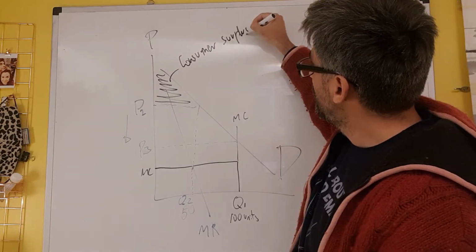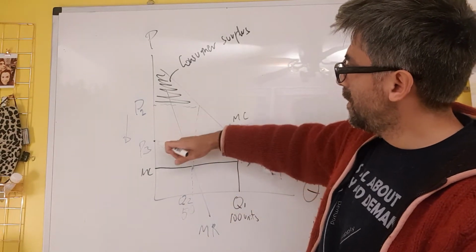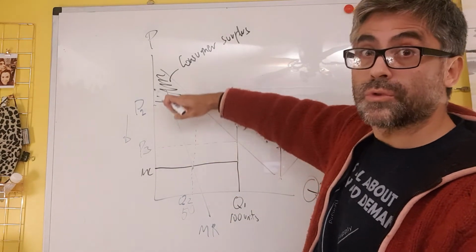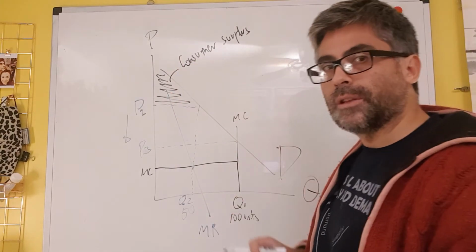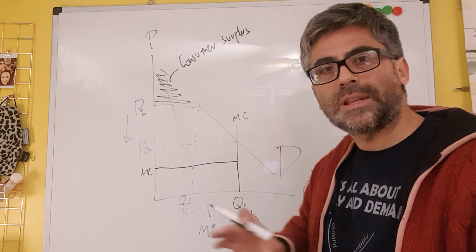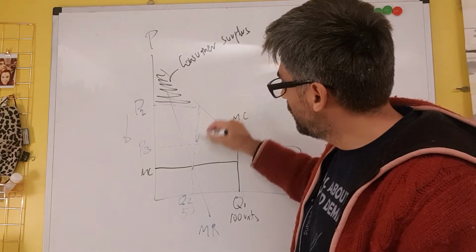And you can see that by charging at a profit maximizing point, the consumer surplus has reduced, and there's only that little triangle there. However, we have another area of consumer surplus, and this is for the people who bought it later on at a lower price.